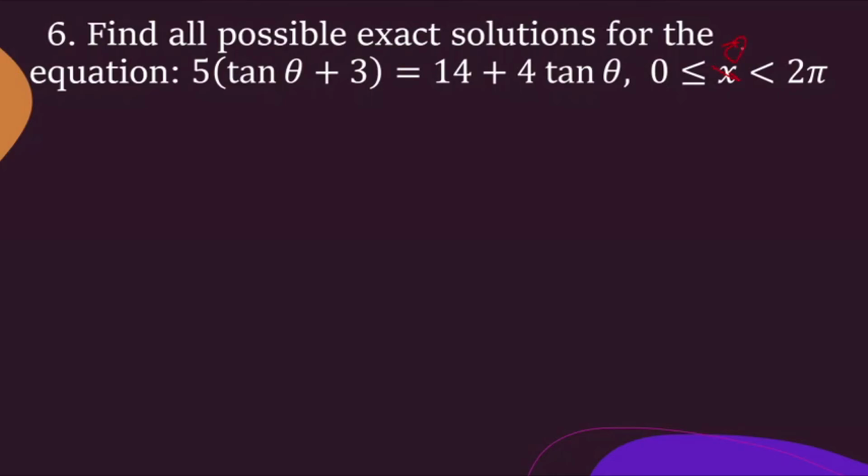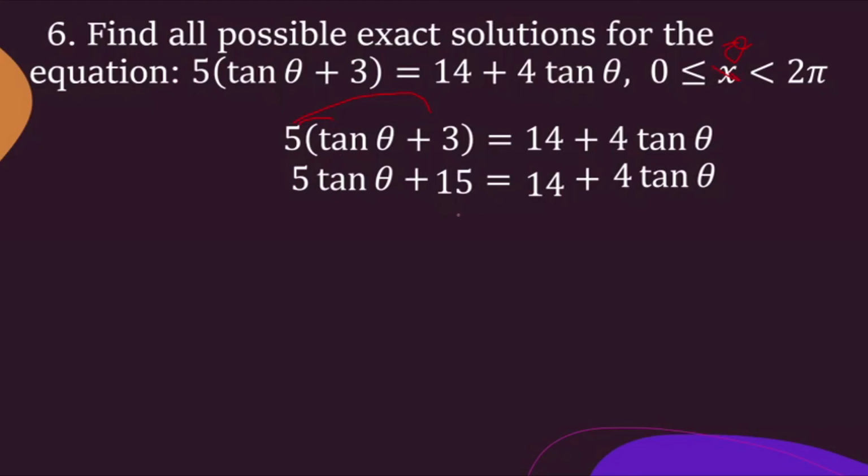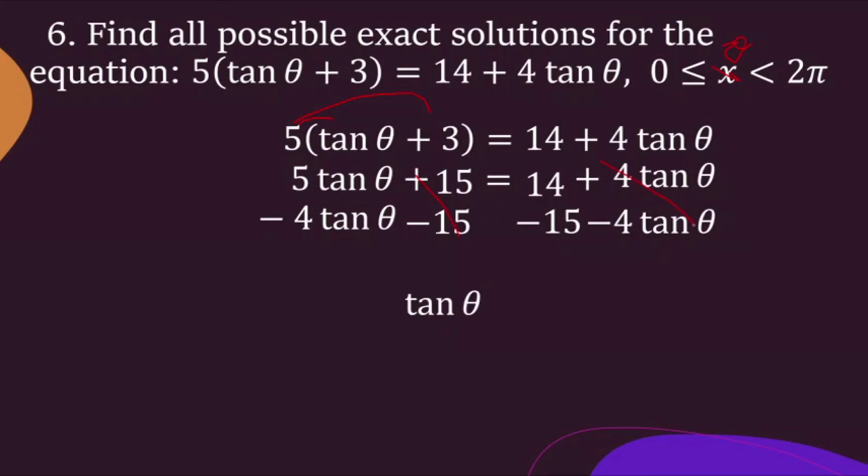So you have 5 tangent theta plus 3 equals 14, no wait, you're going to distribute the 5 here, giving you 5 tangent theta plus 15, and equals, again, 14 plus 4 tangent theta. You're going to subtract the 4 tangent theta and the 15. So you're moving stuff around. You move the 15 over, and you move the 4 tangent theta around, canceling it out, giving you tangent theta equals negative 1.